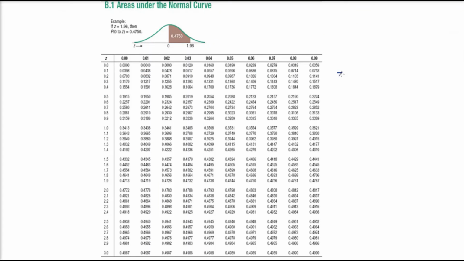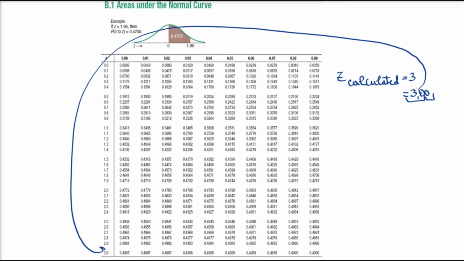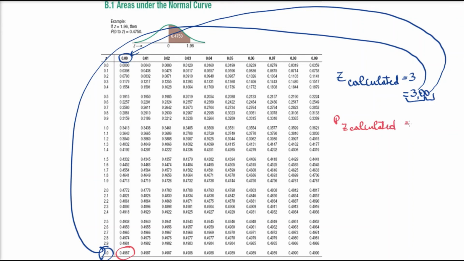To find the probability of Z calculated, we go to the Z table. Z calculated in our example is equal to 3, so we search for 3.0 and 0.00. Our intersection leads us to a probability of Z calculated of 0.4987.